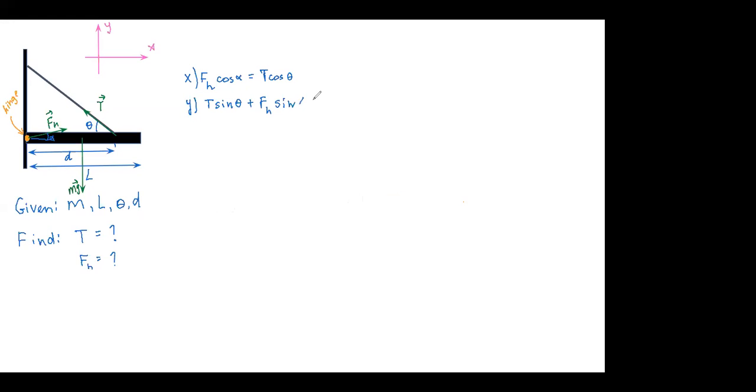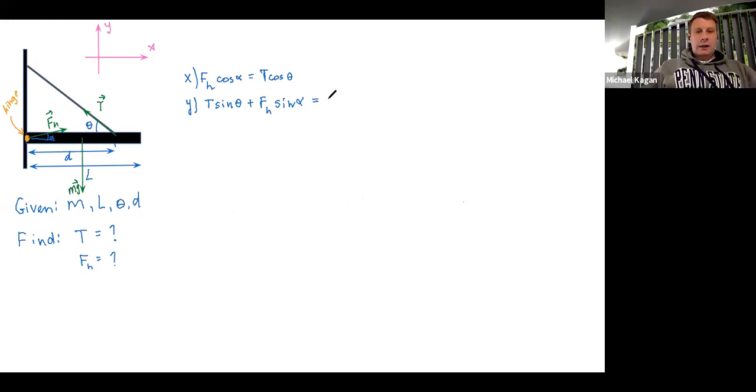If alpha is negative, then it'll just turn negative. Right, exactly. So that's equal to mg.